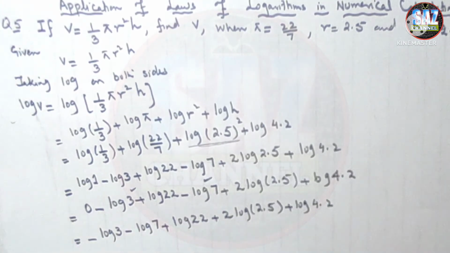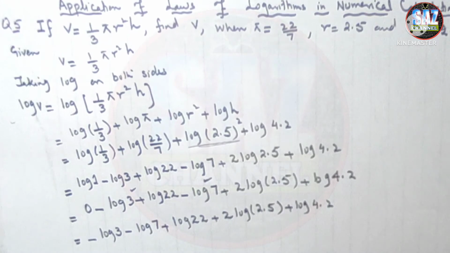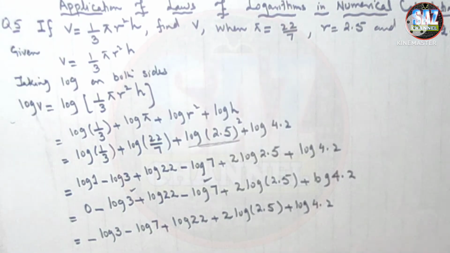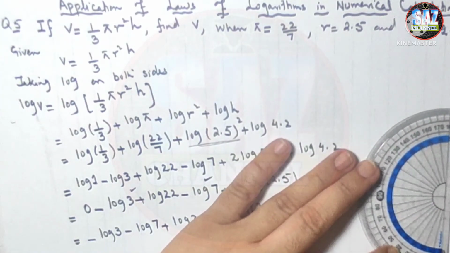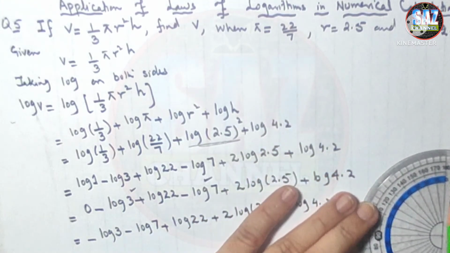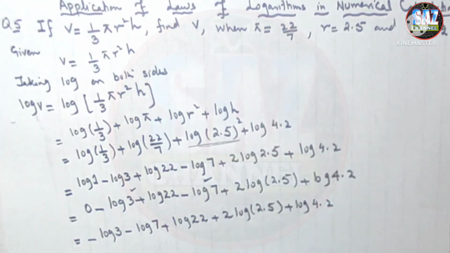Now it's time to find the log of all these numbers carefully, and for that purpose you should have a good command of the first and second exercise of the chapter, because the lessons of mathematics are integrated with each other.